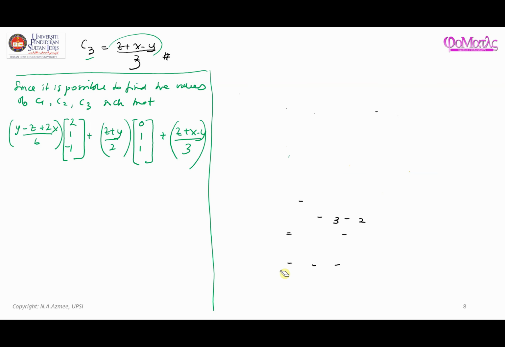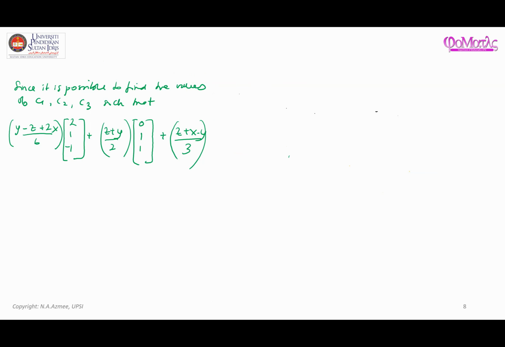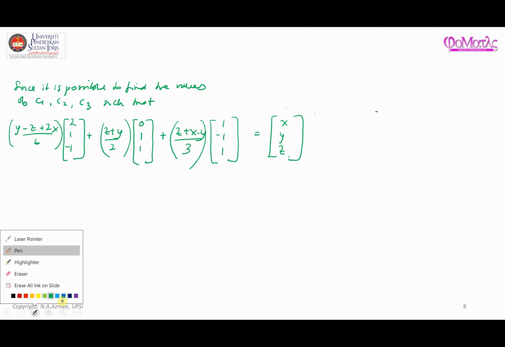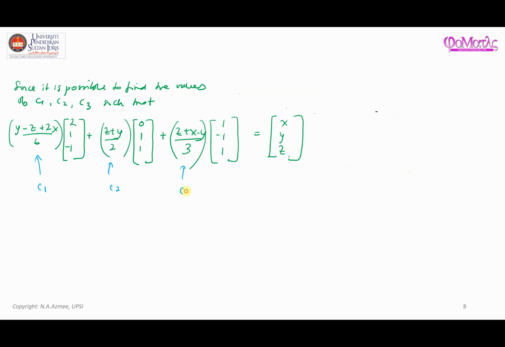Okay, so such that this is the third vector, which is 1, negative 1, and 1. So if you consider this linear combination of all these three vectors, the result here is going to be x, y, z. So here are the values of C1, C2, and C3.